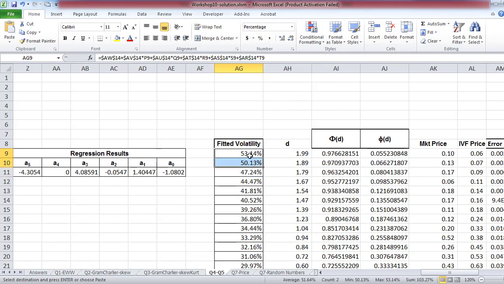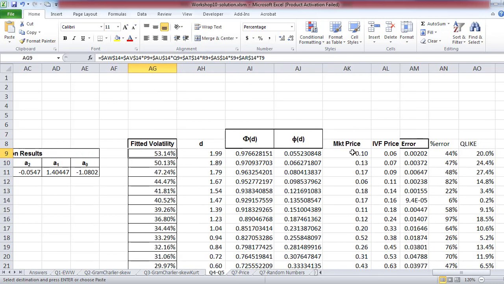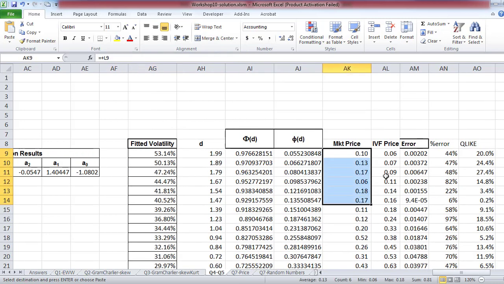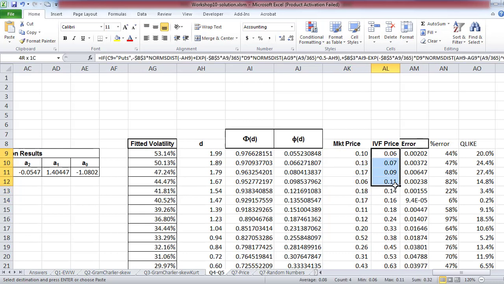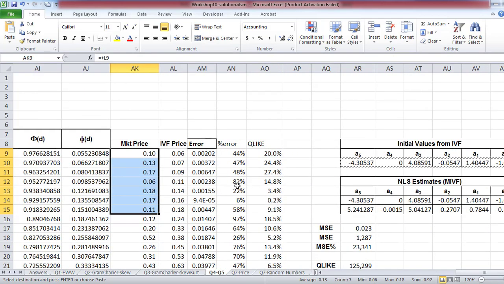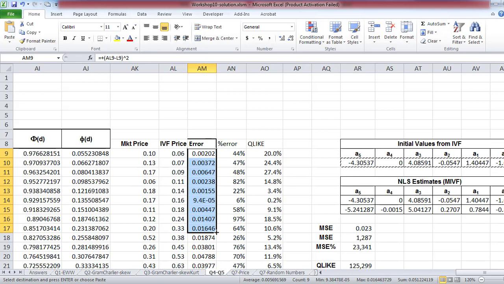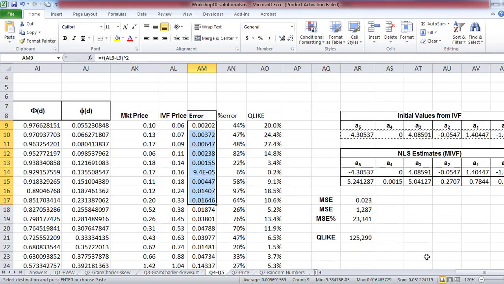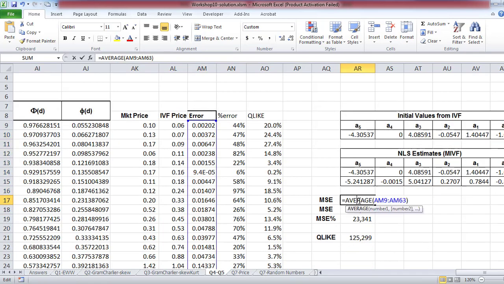Then I'm going to compute with this model my implied volatility function price, and then I originally had my market price. Given those two, I'm going to have an error. This is the error here, and with that error in mind, I'm going to compute the average error.